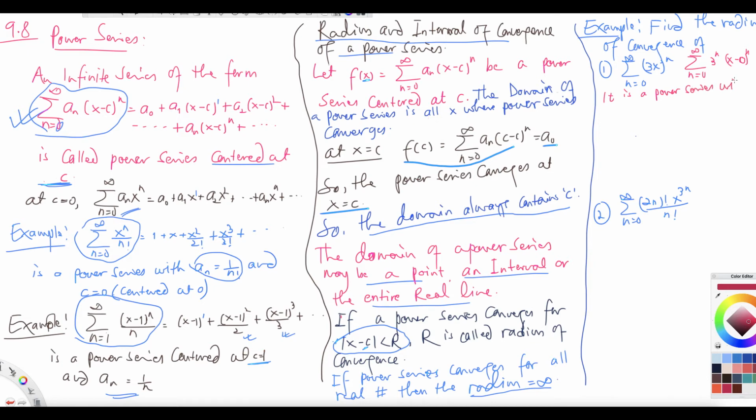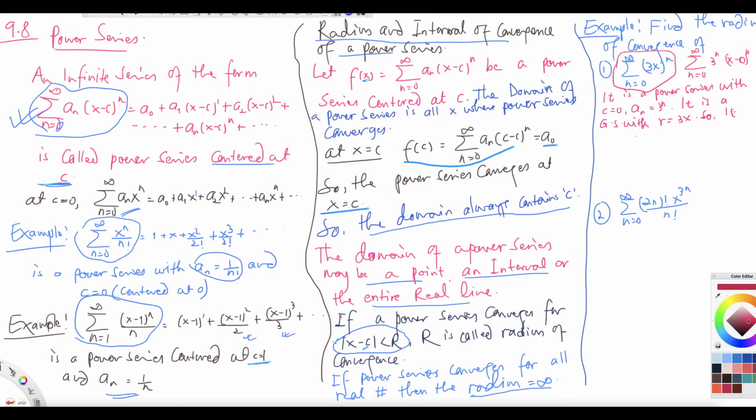With what is c? c is 0, the center is 0, and then a sub n equals 3 to the n. Okay, now if you look at the format the question is given, do you see any form of series? Yes, this is a geometric series, right? So it is a geometric series with r equals 3x.